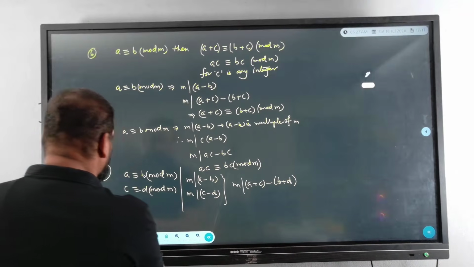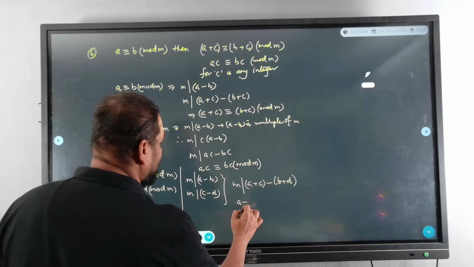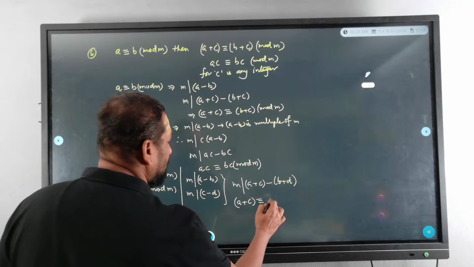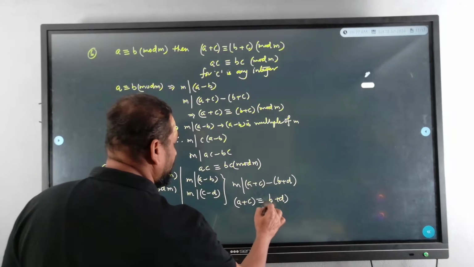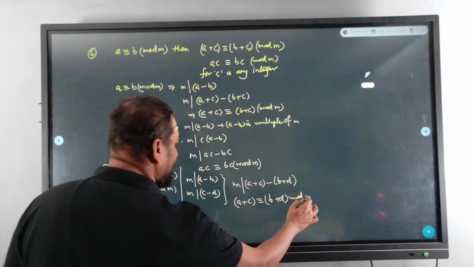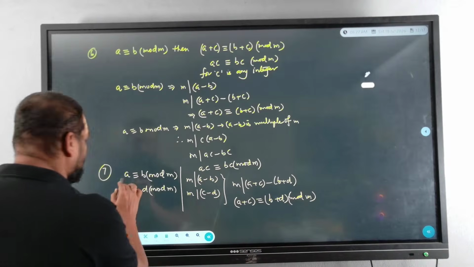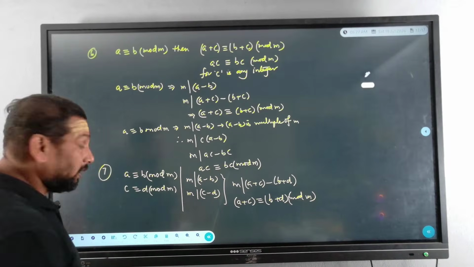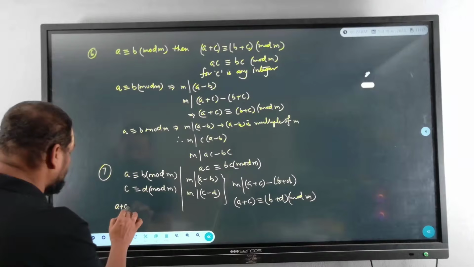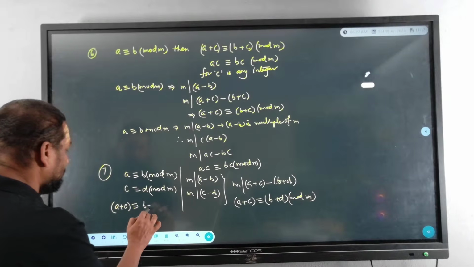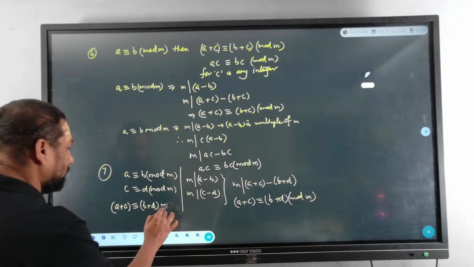So the property is a plus c congruent to b plus d mod m. A congruent to b mod m, c congruent to d mod m, then a plus c congruent to b plus d mod m.